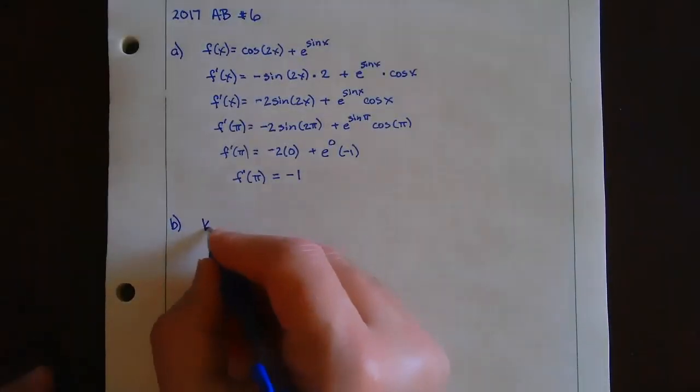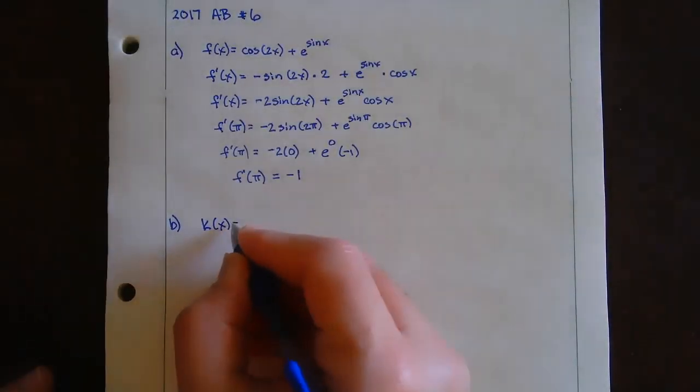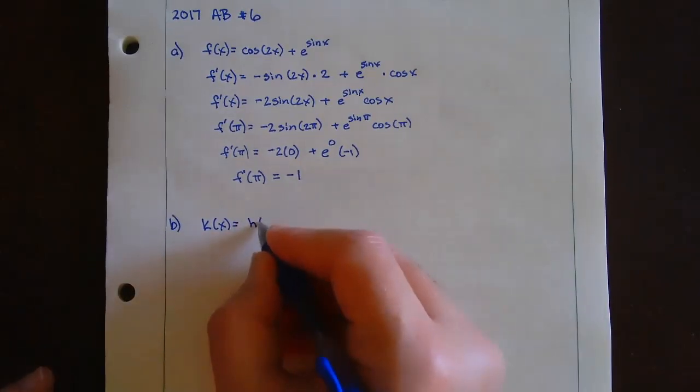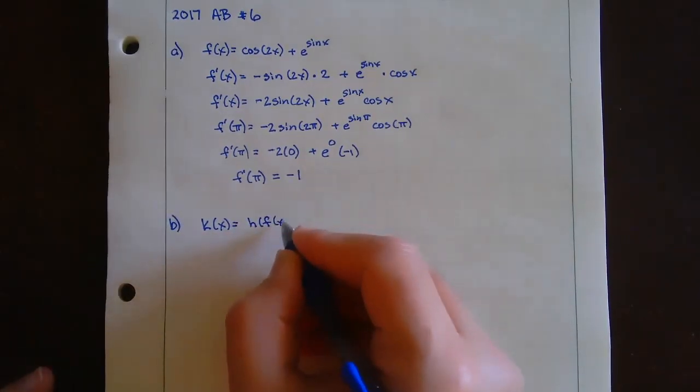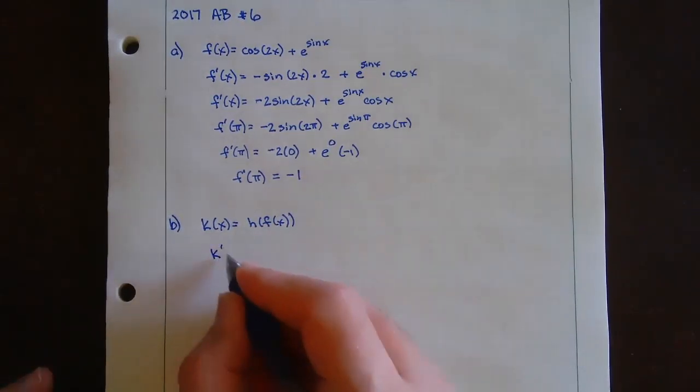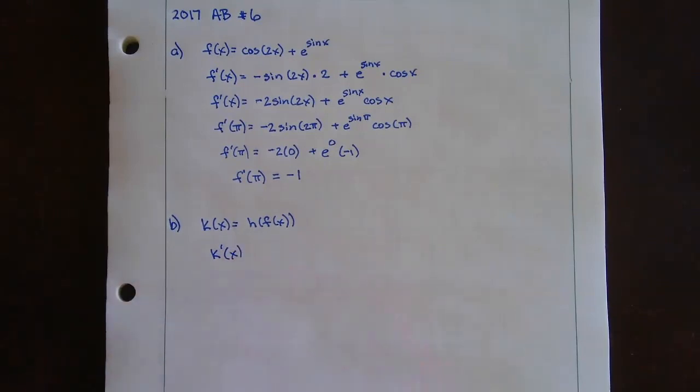So we know that k of x is equal to h of f of x. Okay, so that would mean when we take the derivative, k prime of x, right? Before we can find k prime of pi, we got to find k prime of x, okay?